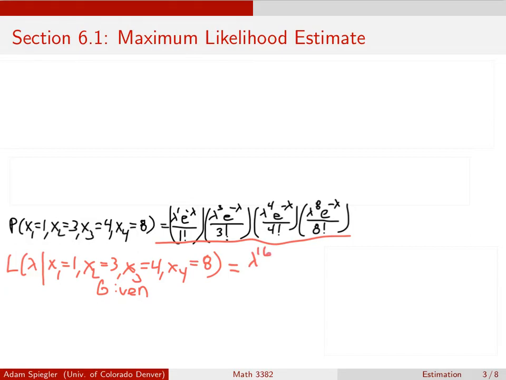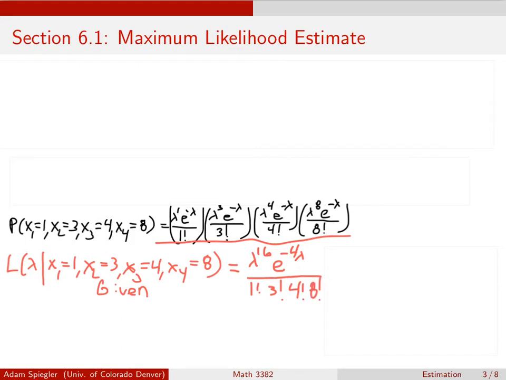And I have e to the minus 4 lambda, right? Because I have 4 of those terms. So if I were to multiply this times that, that gives me e to the minus lambda minus lambda minus lambda minus lambda. In other words, e to the minus 4 lambda. And then we're going to divide all of that by 1 factorial times 3 factorial times 4 factorial times 8 factorial.